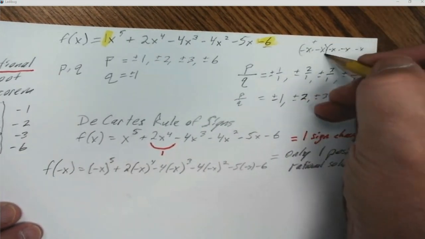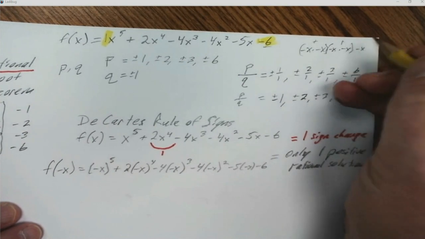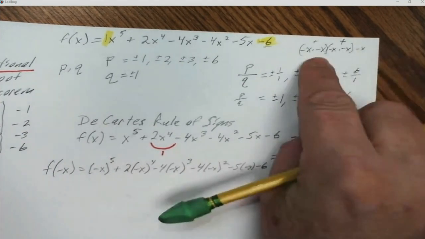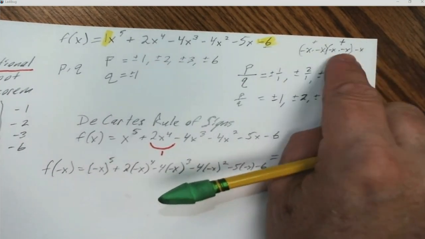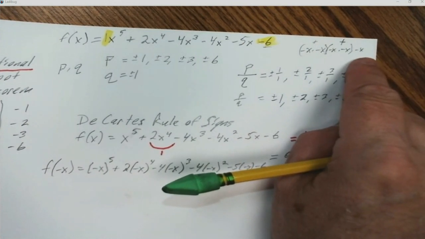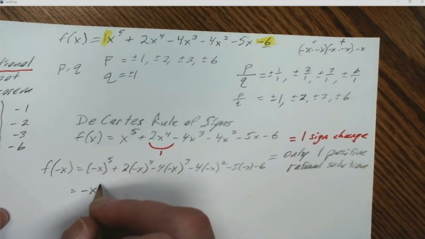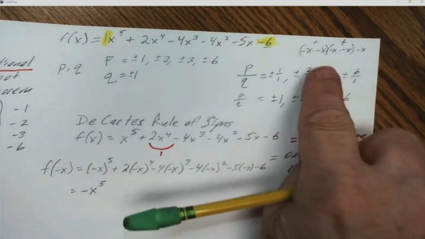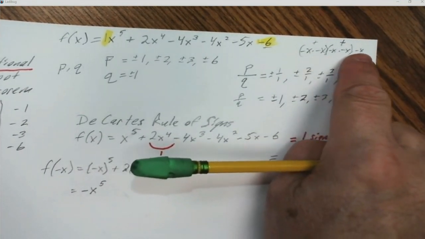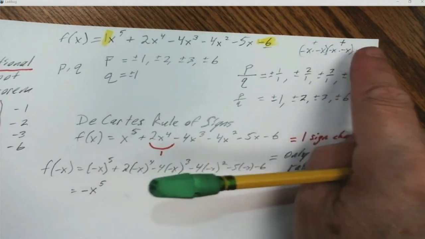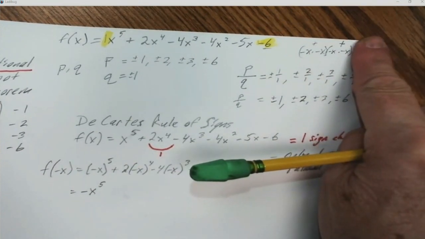And then every time you have a pair of them, it makes it a positive. Positive times a positive. But we got one extra one. So it is going to end up negative x to the fifth. Because anytime you have an odd number of them, you're going to end up with a negative answer. If it's just an even number of them, they're going to end up a positive.